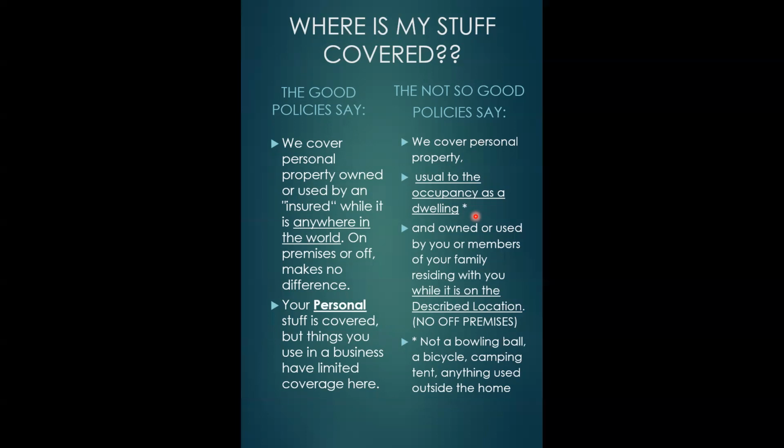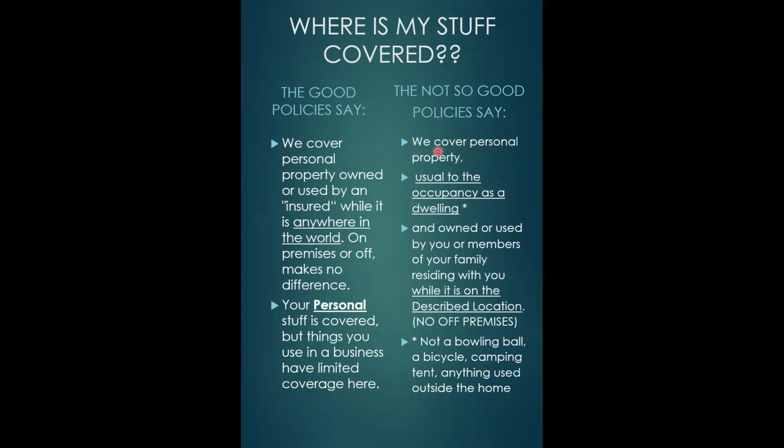Household goods and furniture and electronics and clothing and all of the things that you use to occupy and enjoy the home are covered, but not things like a bowling ball, a bicycle, a camping tent, bow and arrow, things that you use outside the home, not in connection with occupying and enjoying the home as a residence, as a dwelling. So nowhere near as broad a coverage when it's limited to just household goods.